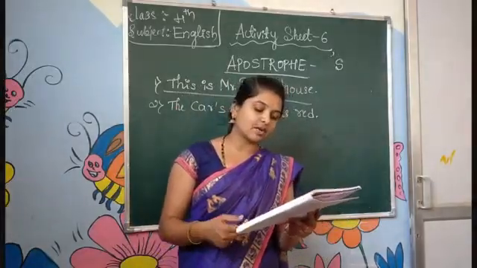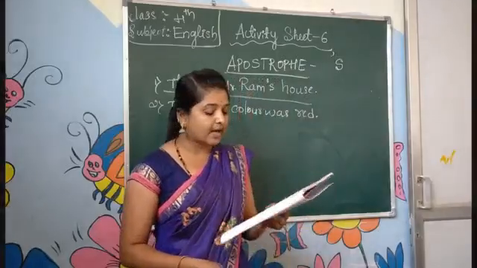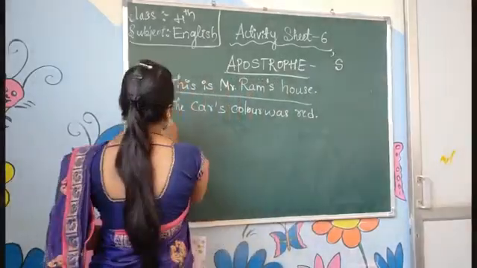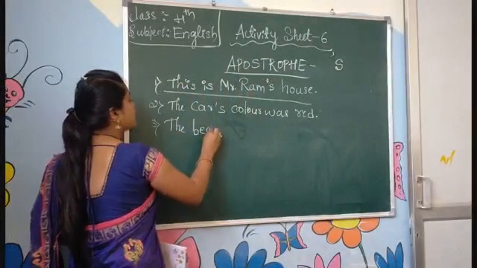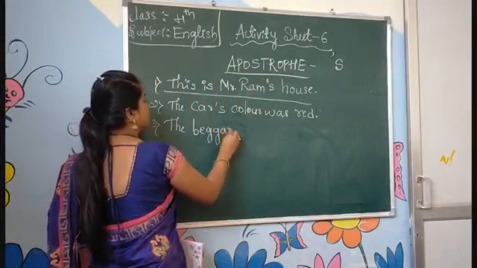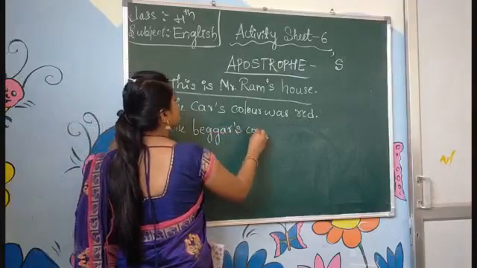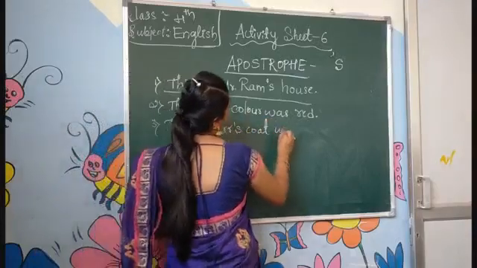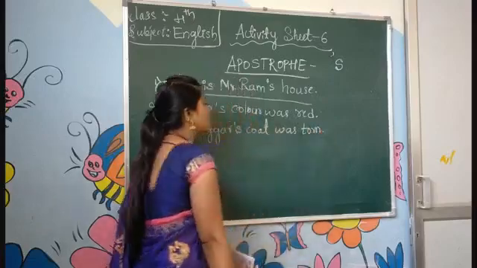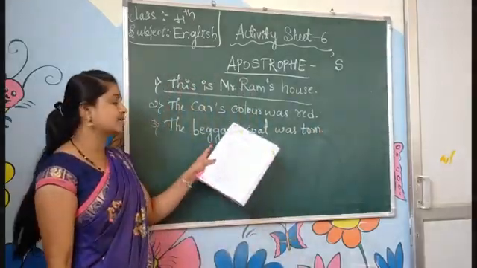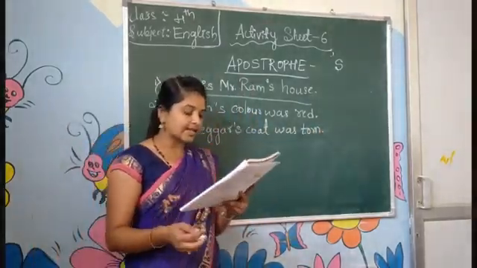The coat that the beggar wore was torn. The beggar's coat was torn. ಹರಿದು ಹೋಗಿದೆ. ಯಾರ ಕೋಟ್ ಹರಿದು ಹೋಗಿದೆ? Beggar's. Okay. Next.